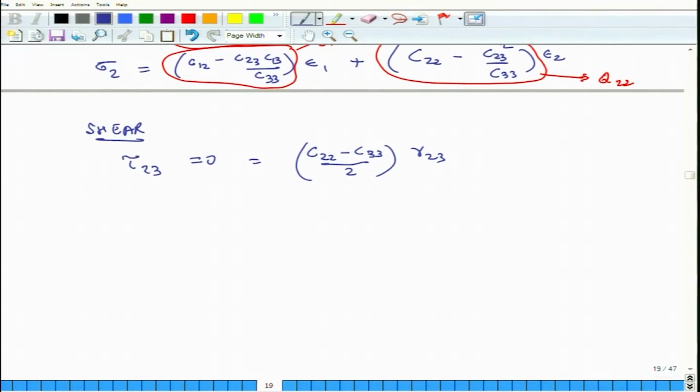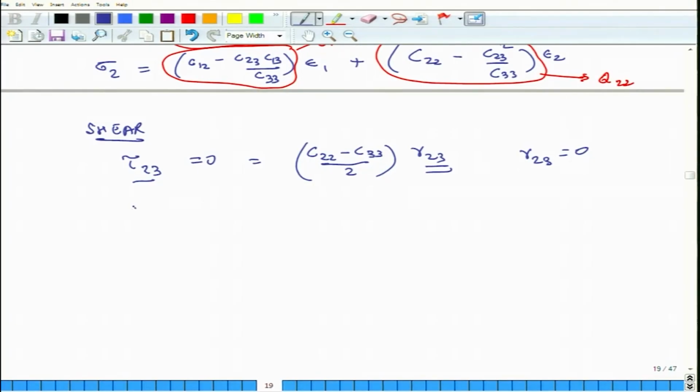Okay. Now, what this means is, if this left side is 0, then there should not be any shear strain. So, gamma 2 3 is 0, not that (C22 minus C33) by 2 is 0, that can be anything. But if I am not applying shear strain in the 2 3 plane, then it will not generate any shear strain. So, gamma 2 3 is 0.